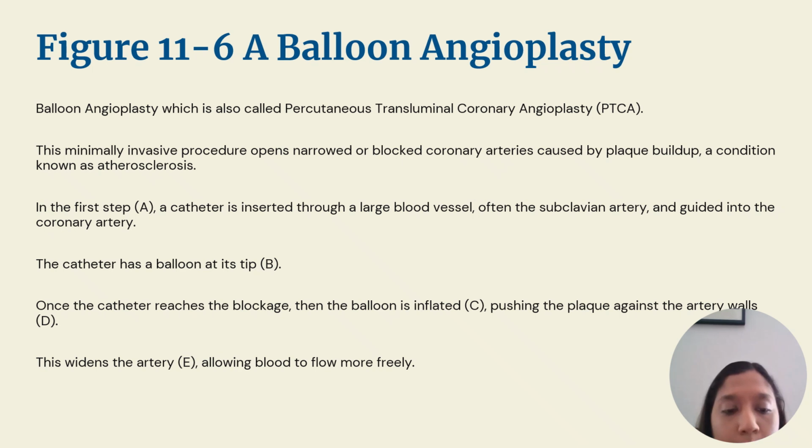Once the catheter reaches the blockage, the balloon is inflated, which is shown in the C, pushing the plaque against the artery wall. And it shows that in the D in that figure. On the part E, it shows how it widens the artery and allows blood to flow more freely.